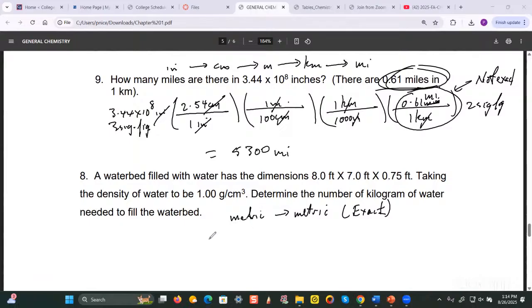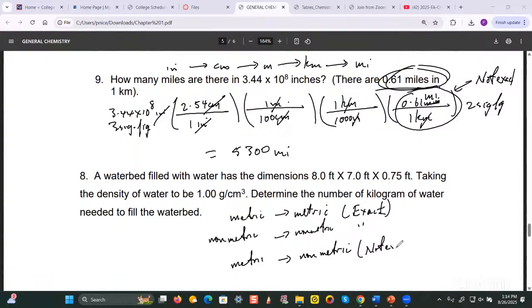The same is true if you're going from non-metric to non-metric. That is also exact. Now, if you're going from metric to non-metric, then that would not be exact.